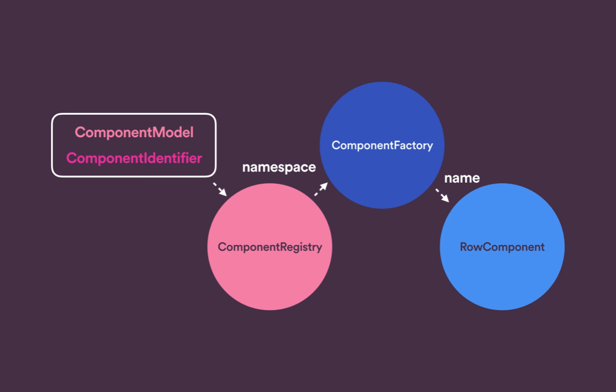So in our case, we would be invoked using the row name, and we would resolve the row component ourselves. Now this is also pretty nice because it enables you to do things like fallbacks and delegate between different factories. Since you are in control of creating your own components, the framework doesn't do it magically.